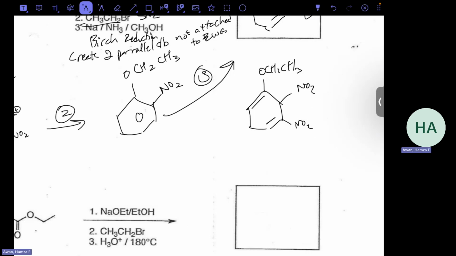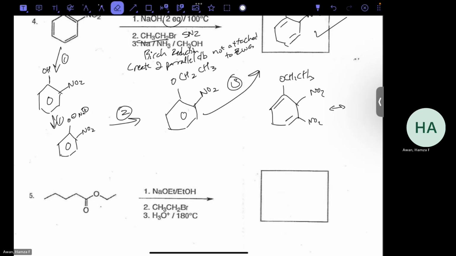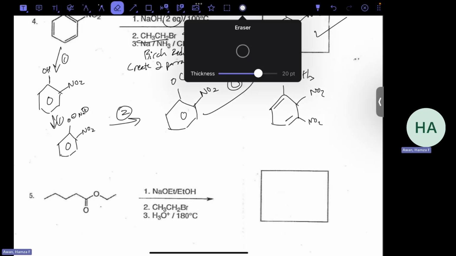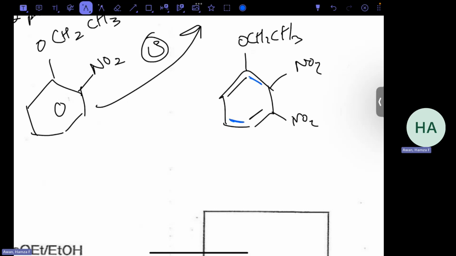Because it's connected to the donating group and it's only connected to one withdrawing group. Yeah, I would say it's the most correct to do it this way. But I think an argument can be made for it to be like, I'll put it in a different color, for it to be like this, because on this side we don't have any electron withdrawing groups, and on this side we only have the one electron withdrawing group, and it's stabilized by this electron donating group.